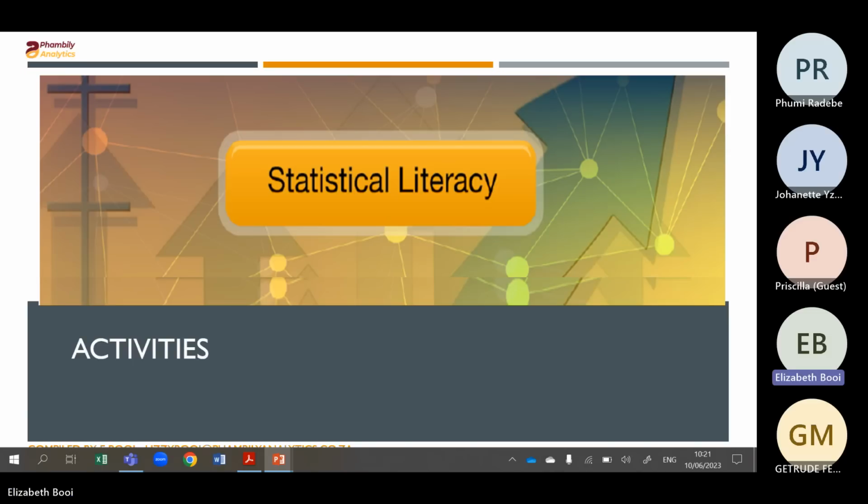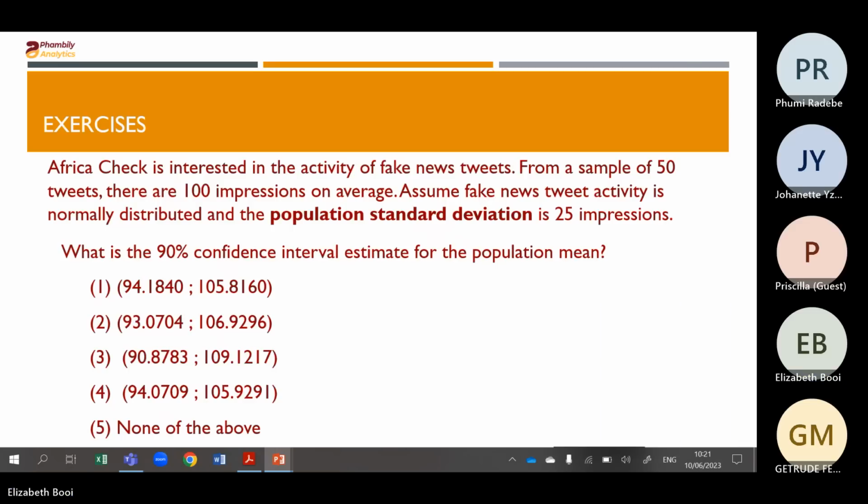So let's look at activities because we didn't do any activity last week. So we have to do those activities today so that you can also get some exposure in terms of how to answer some of the questions. So the first one, Africa Check is interested in the activity of fake news tweets.